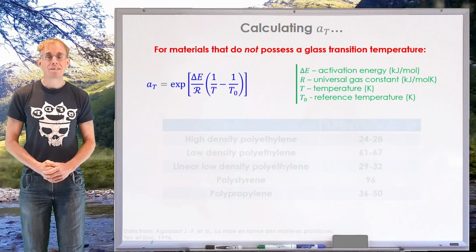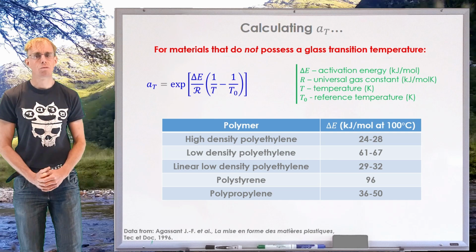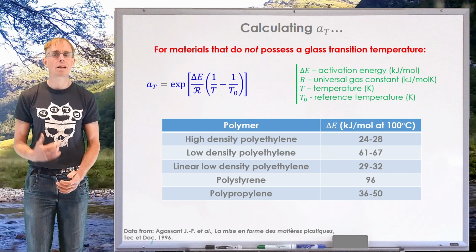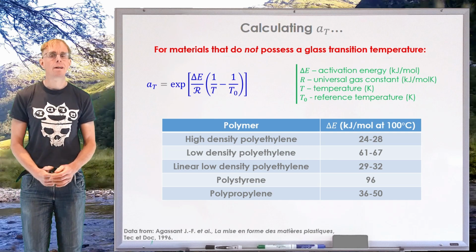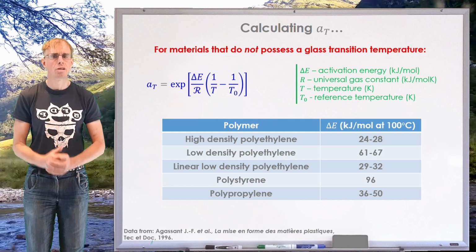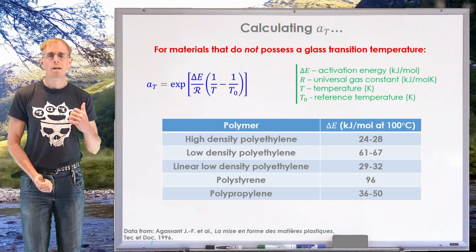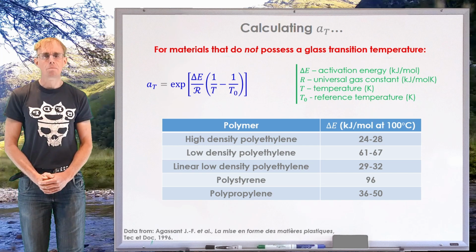What you can find in the literature are tables of values for those activation energies, which is really, really useful. So if we're dealing with low density polyethylene, for example, the activation energy will typically range between about 61 and 67 kilojoules per mole at 100 degrees C. So those are for non-glassy polymers.